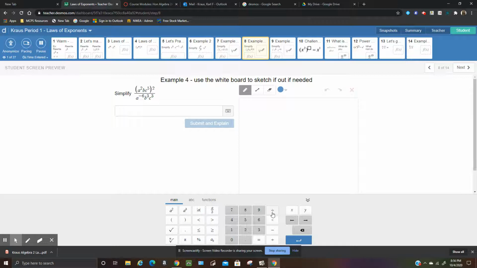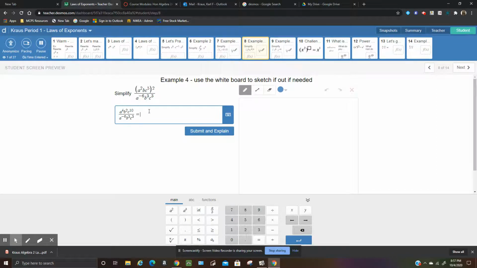So a to the 4th, b squared, and then c to the 10th, and the denominator we're going to leave alone for a second. So negative 6, b cubed, c cubed.